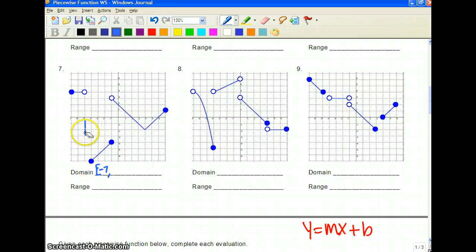If we go down from there, is any graph being covered? No, and this is an open circle, so we're going to put negative 5 with a parenthesis on it. Okay? Now you'll notice you're also not using any of these decimals. We don't use a number again until we get to -4. So we're going to put a bracket, -4.